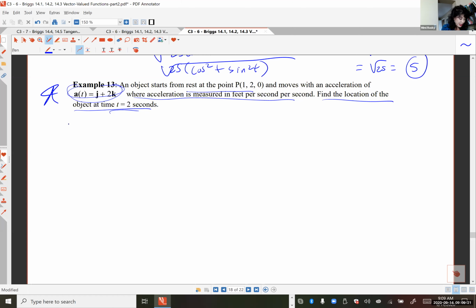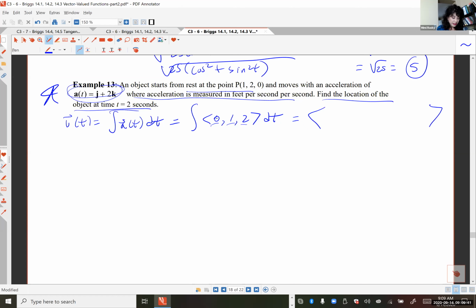Okay, so let's start. Velocity is equal to the integral of acceleration with respect to time. I'm going to rewrite acceleration as a vector in component form just because it's easier, and then I'm just going to integrate each of those components separately, and I'm going to get a vector. What is the integral of 0, people?